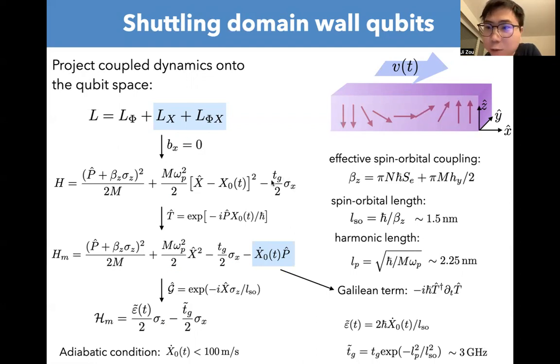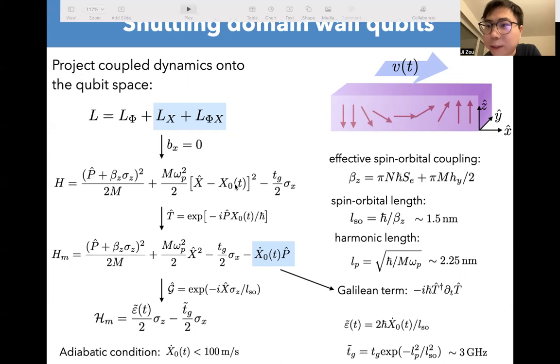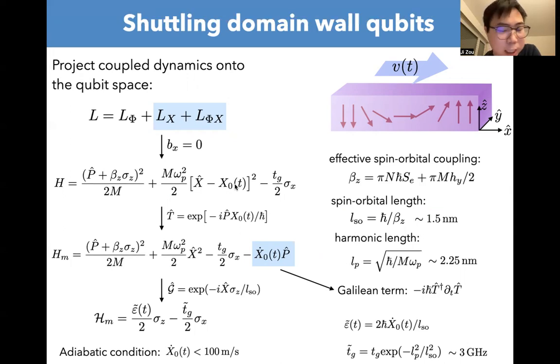And for the first two terms, first let's forget about the sigma z term. Then it's just p squared plus omega square x square, which is the standard harmonic oscillator describing the spatial degrees of freedom x. And x naught here, as a function of time, is a classical variable that describes the location of the domain wall that can be controlled externally.